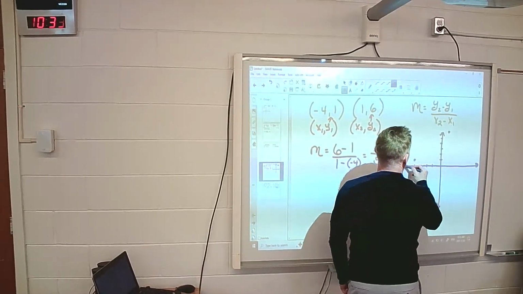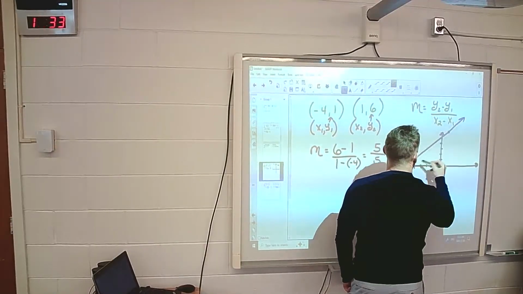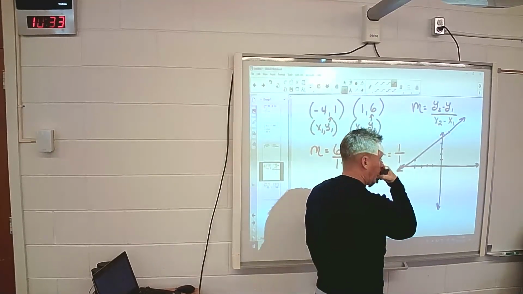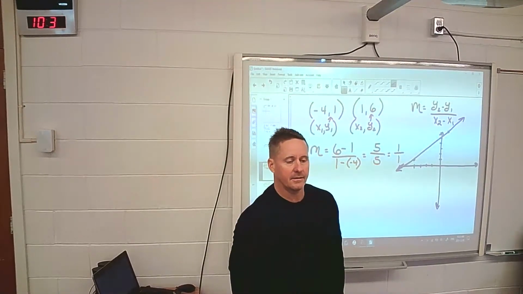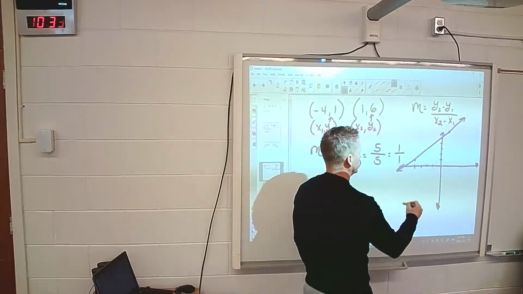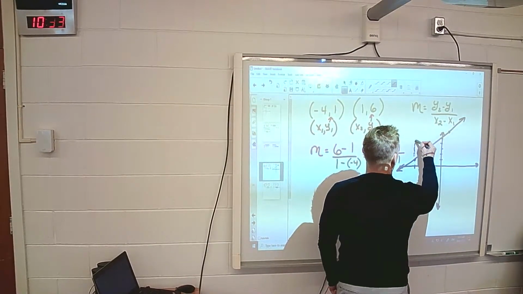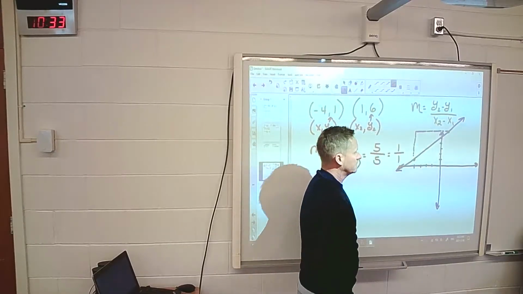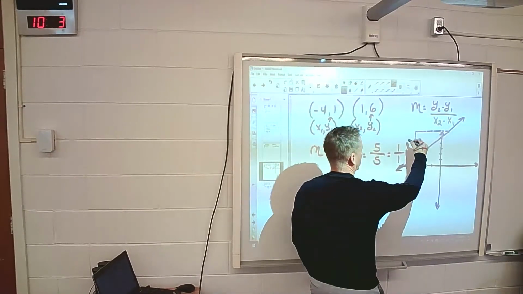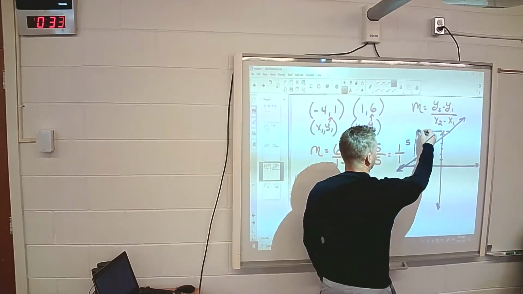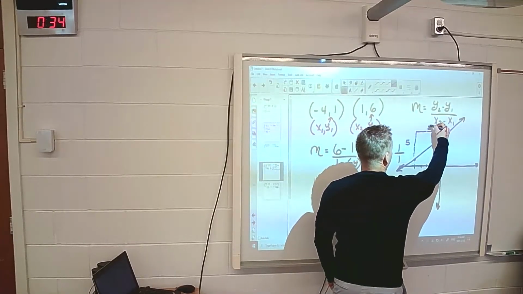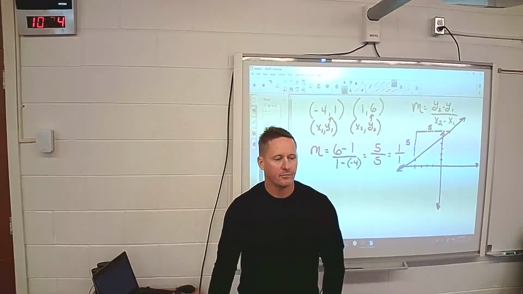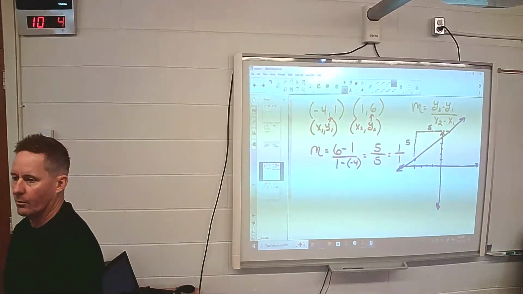I draw a line through here, and then I know I've got to go up 5 to get there, and 5 over to get there. Therefore, 5 over 5 is your slope.